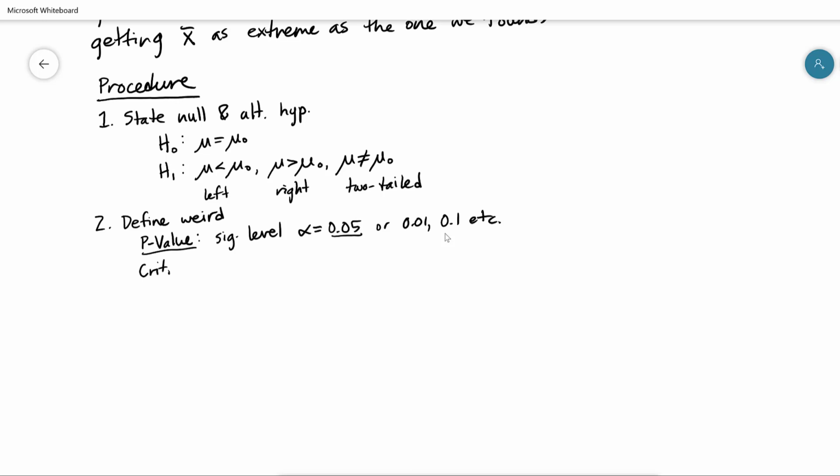If we're doing the critical value approach, so if we're doing the critical value method, I need to define what weird is, not with an area. So again, this was, how did I do it before? I think blue. This is an area. I will define it with a z-score. And the critical value is either going to be z sub alpha, negative z sub alpha, plus or minus z sub alpha over 2, depending again on whether we are, in this case, switch the order here, this is the right-tailed case, left-tailed, and two-tailed.